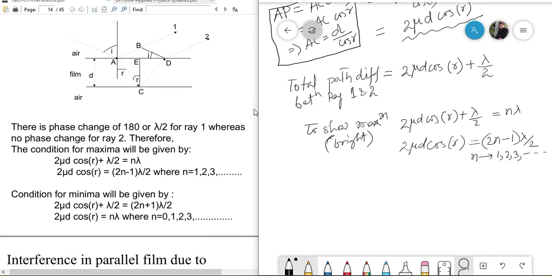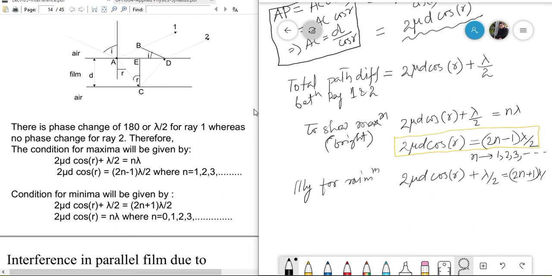So this is the condition for the maxima of the interference. Similarly, for the condition of minima, we have the path difference must be equal to (2n plus 1) lambda by 2. Rearranging this, you get where n is equal to 0, 1, 2, 3, all the integer values.